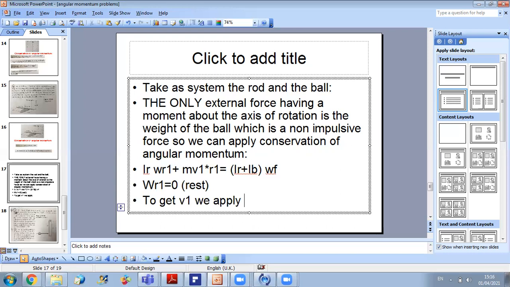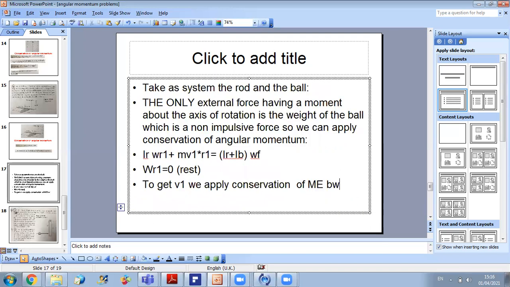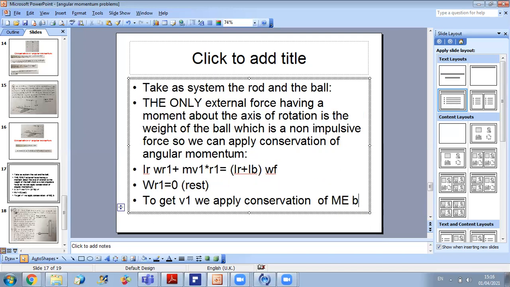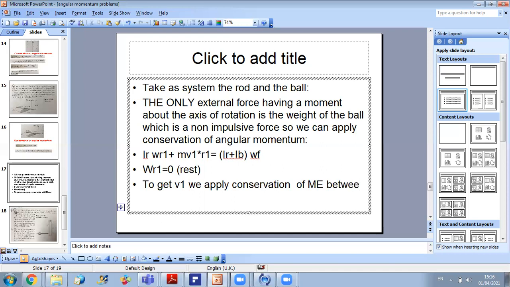So to get V1, we apply conservation of mechanical energy between state 0 and 1. I mean 0, when it was at the top. Between states 0 and 1 for the ball.